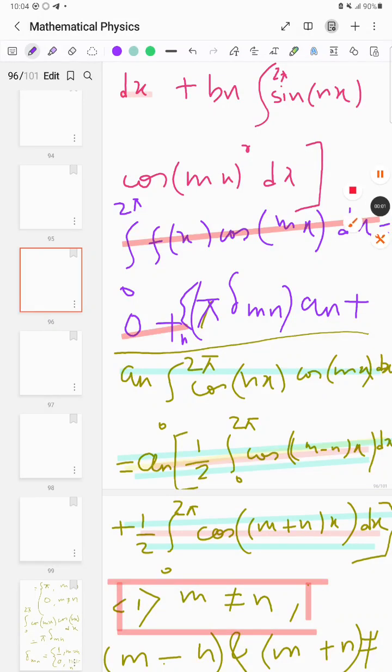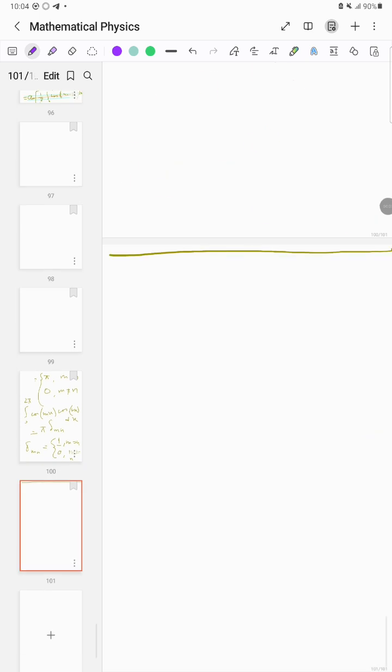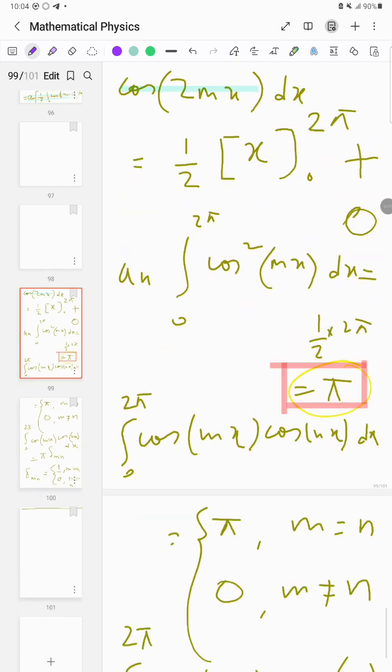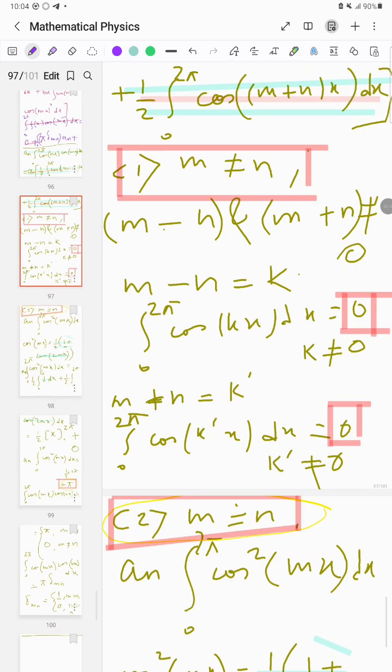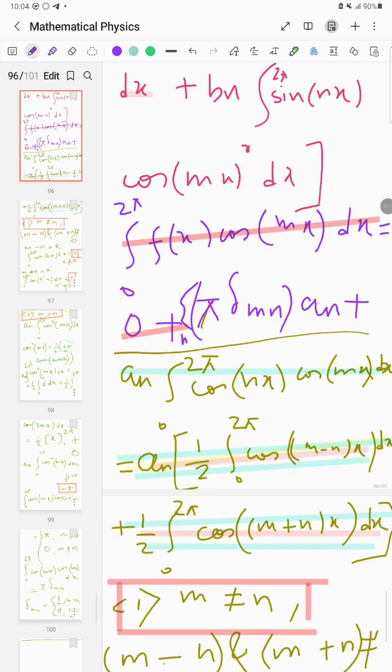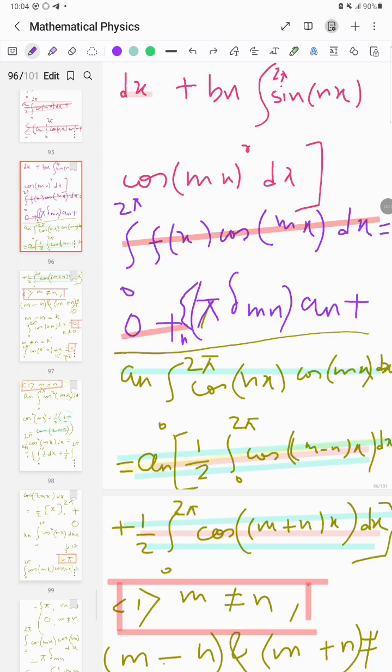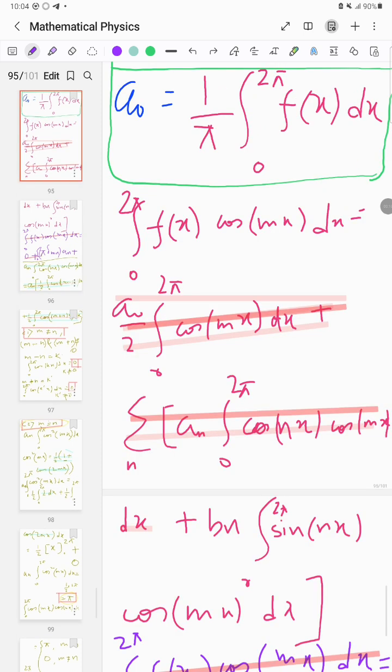Now, coming to the next part of this integration, as we have seen that, where's the initial part?